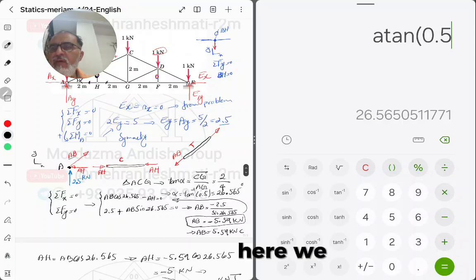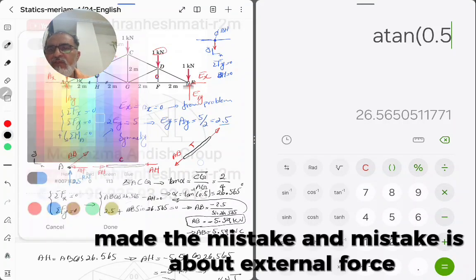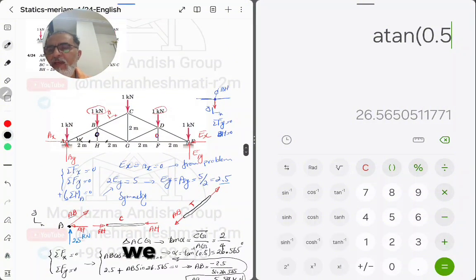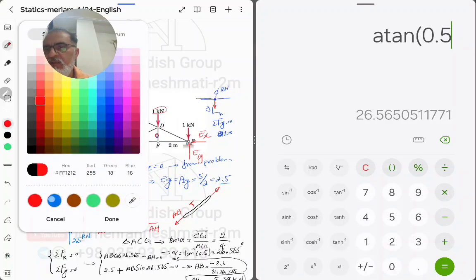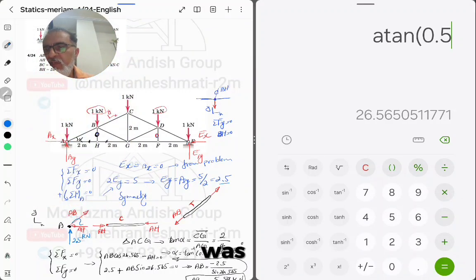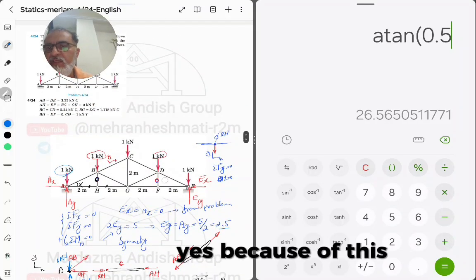Okay, here we made a mistake, and the mistake is about external force. We didn't consider 1 kilonewton here. The answer that we found was wrong. Here we have 1 kilonewton.